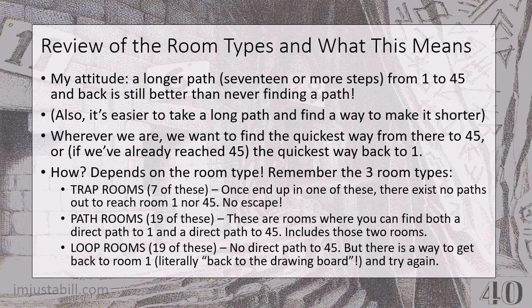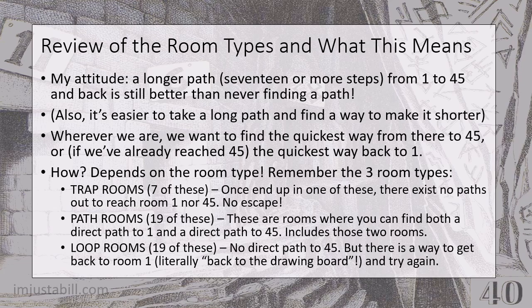A lot of the rooms that make up the shortest path are going to show up on almost any path you make from 1 to 45 and back. So I don't know about you, but when I was first trying to find the shortest path, I did finally find a path through, a lot of trial and error, and then was able to narrow it down until I finally figured out what the shortest path was.